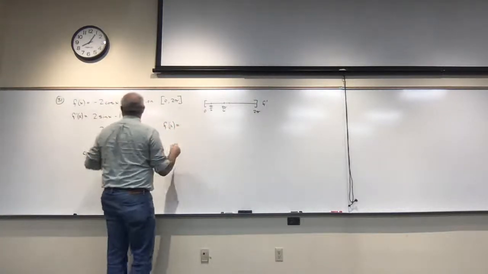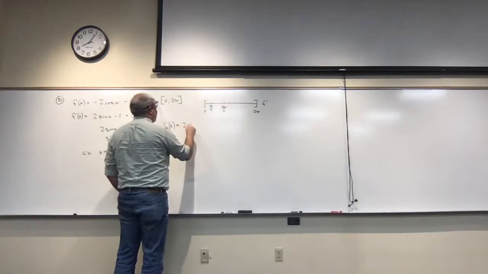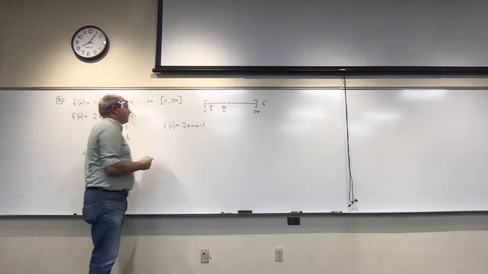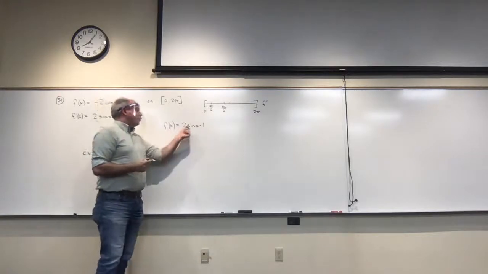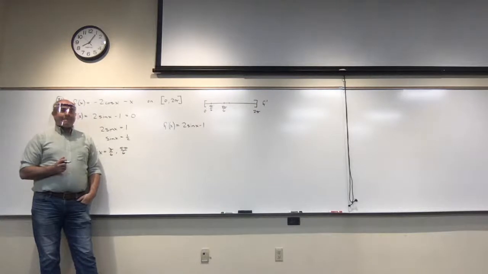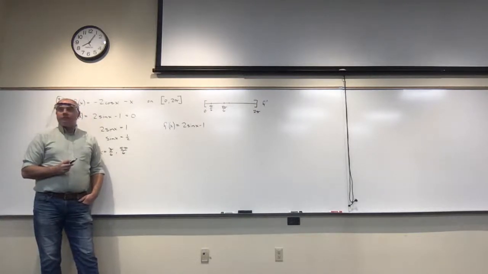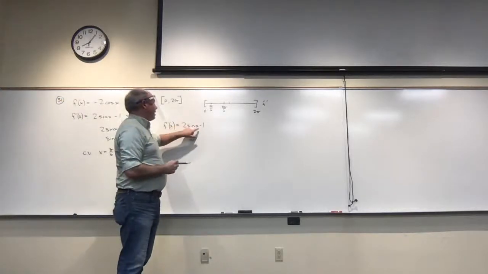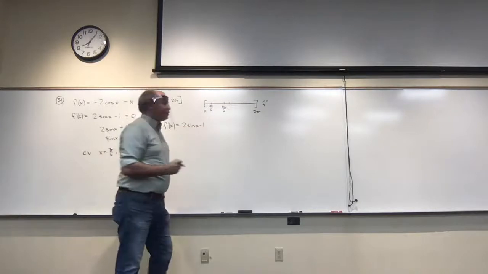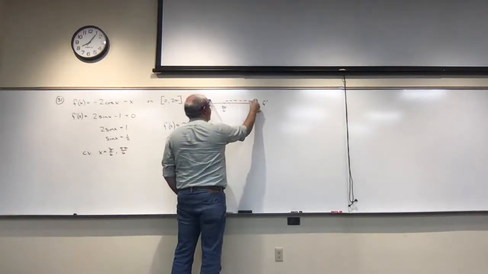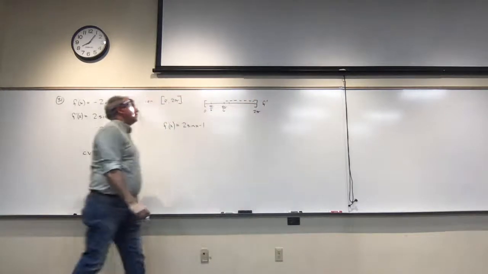F prime of x was 2 sine x minus 1. If we test pi, what's sine of pi? 0. So it's just 0 minus 1 is negative, correct? And so everything in this region will be negative.